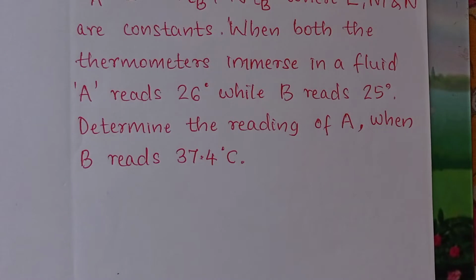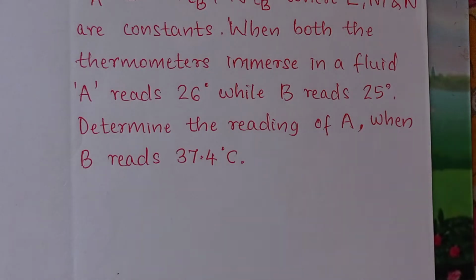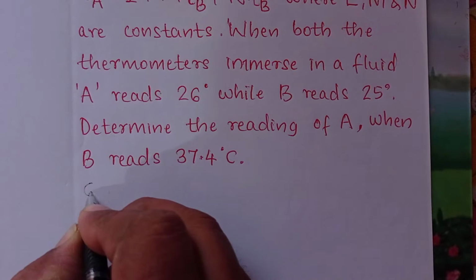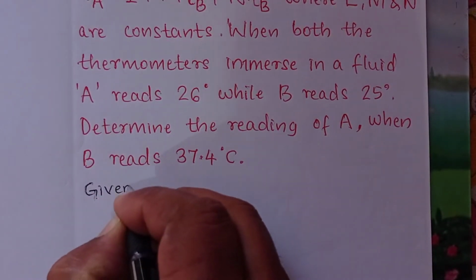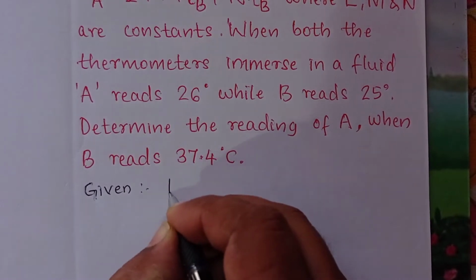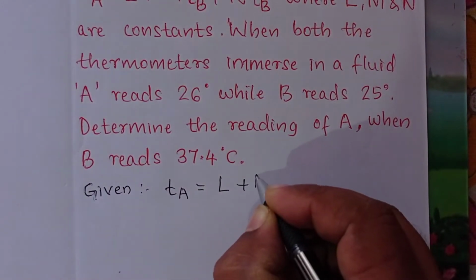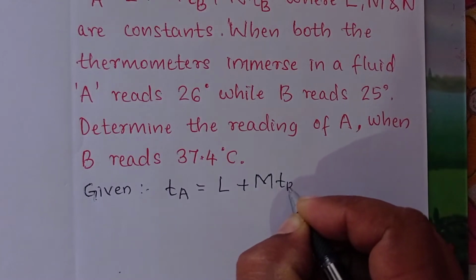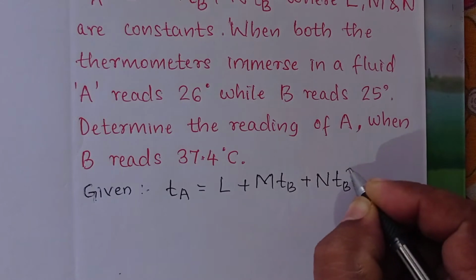So let us write the things that are given in the problem and we will continue further. He has given us the governing equation first, that is, the governing equation is given by Ta is equal to L plus mTb plus NTb square.